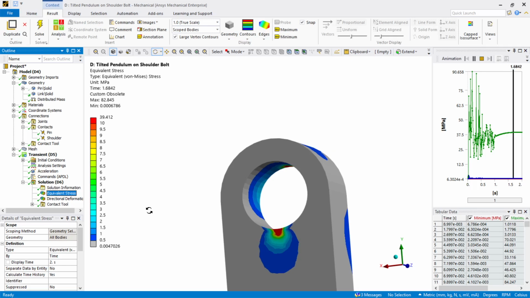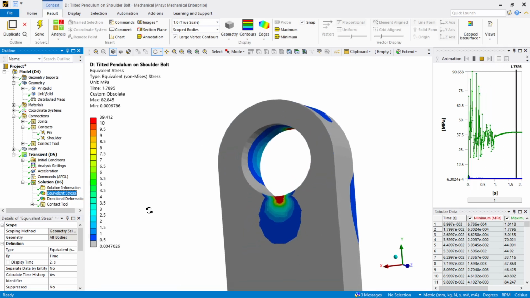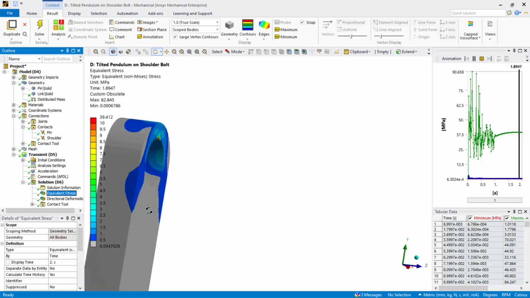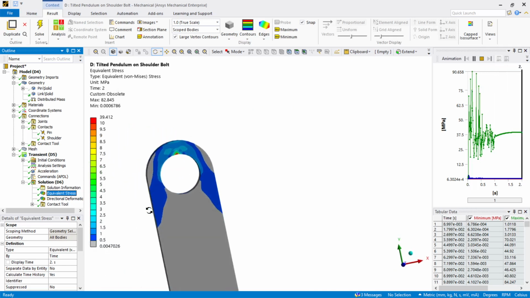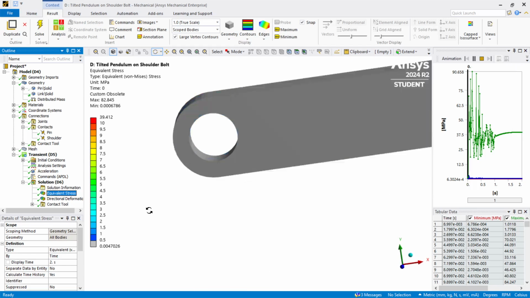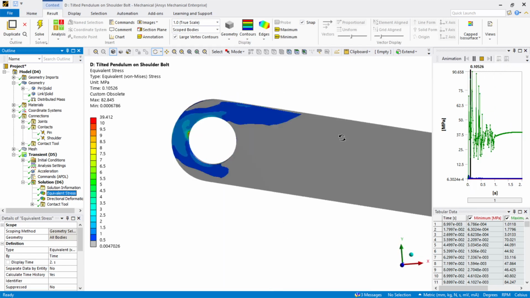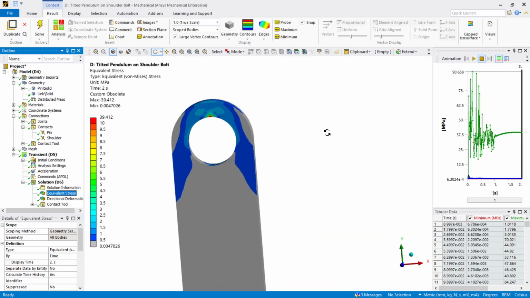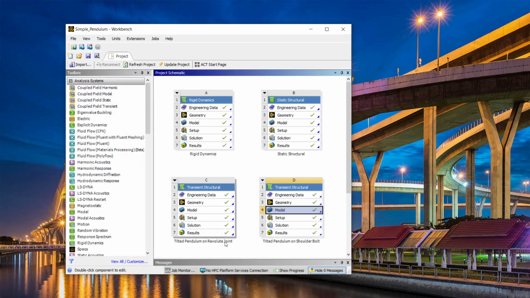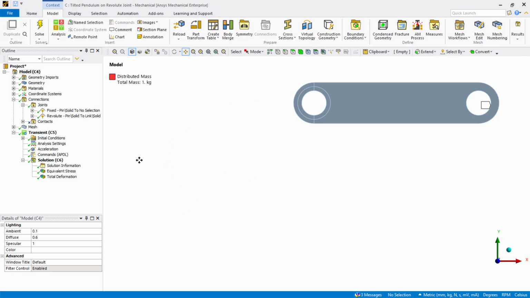What I want to do is contrast this stress distribution, which is very realistic, with what happens on a revolute joint, which does not try to have realism, but it does make the simulation run faster, and that is this. So it's the exact same model, but there's no friction per se.